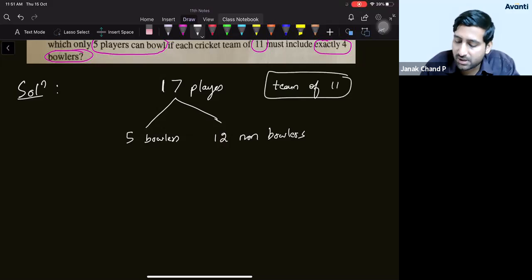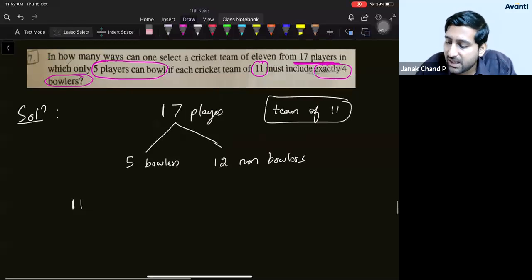So that means I should have 11 members to form the team. But the condition is, student, I should have exactly 4 bowlers. Totally I have 5 bowlers, but I cannot take all the 5 because exactly 4 bowlers are required. So can I say that out of these 5 bowlers, I should choose only 4? Yes.